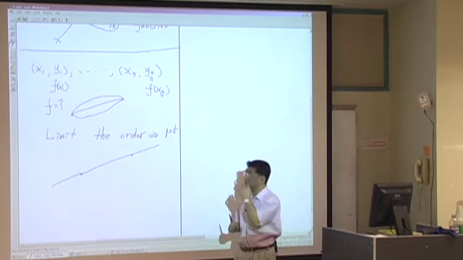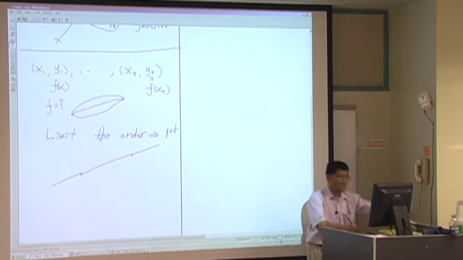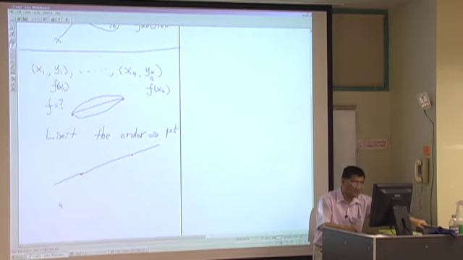Then with these things, Newton created a nice representation. F of xi, xj is defined by Newton.